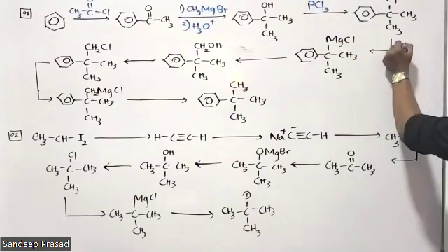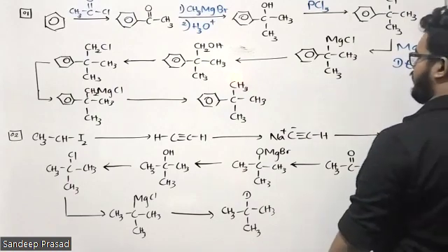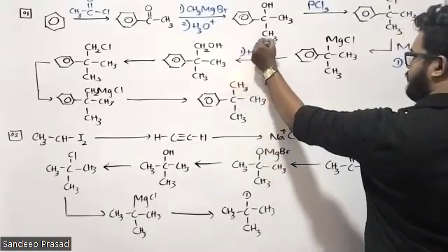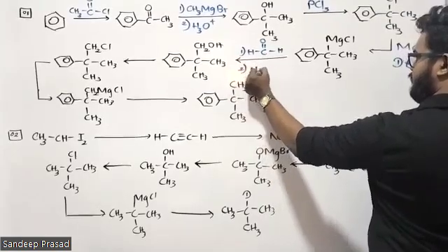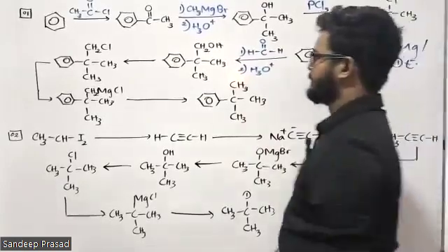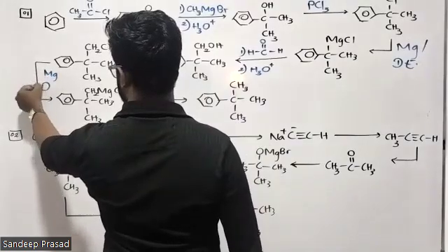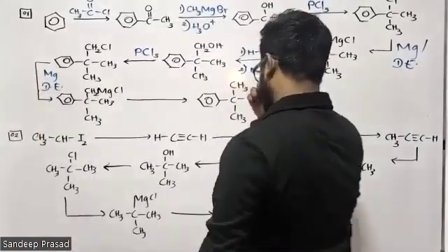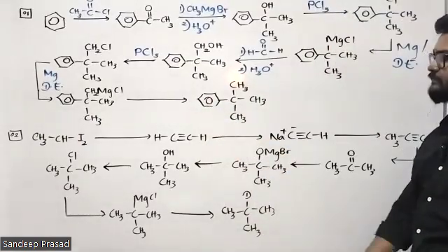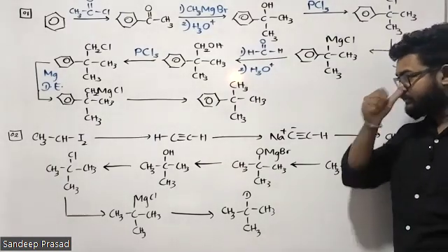PCl5, magnesium dry ether, and secondly H3O plus. PCl5, magnesium dry ether. So what do you think? What is the compound we have to add here?